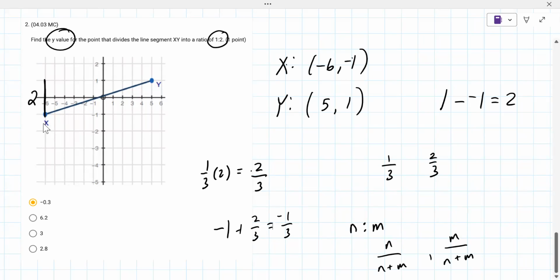The Y value would be -1/3. So I mean that is right. I don't really like it, but you got the right answer.